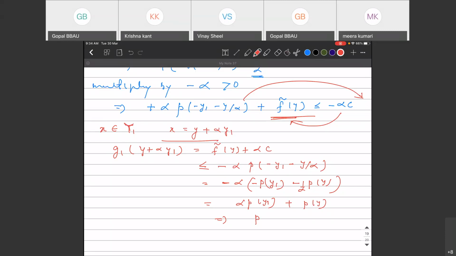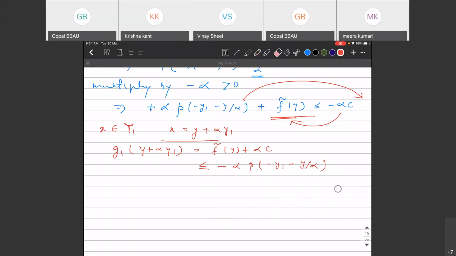Here there is a problem. Let's not do this first. No, I have not written it correctly. This should be less than or equal to. No, I'm not doing it correctly. Let's do it in another way.